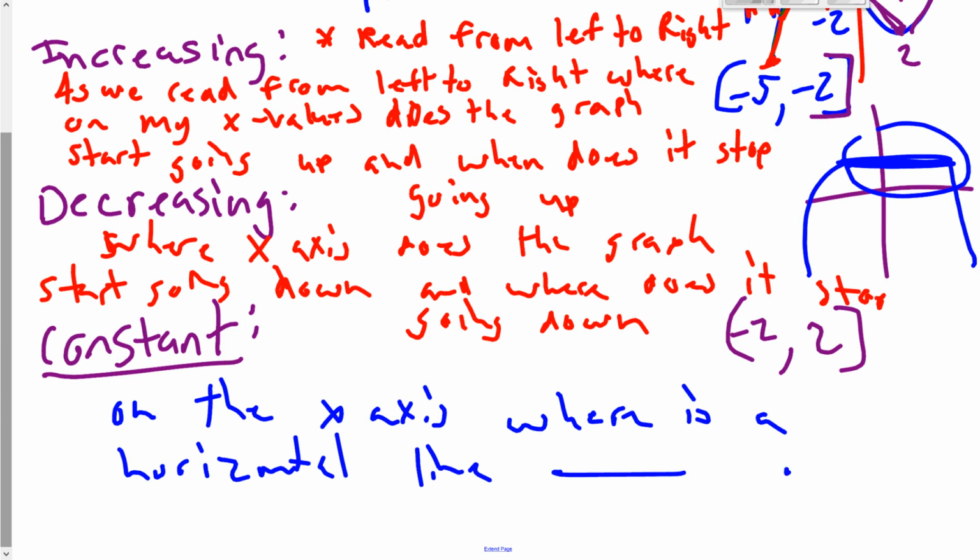So even if my graph comes up to a certain point and goes down, this point right here is not constant, right? To be constant means it has to have multiple x's in a row that have the same y value. Okay, so it has to be a horizontal line. Constant is not a point, it's going to be a horizontal line.